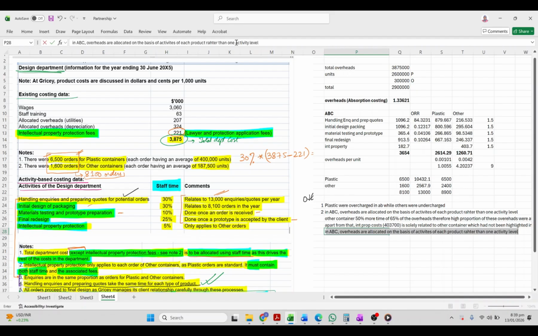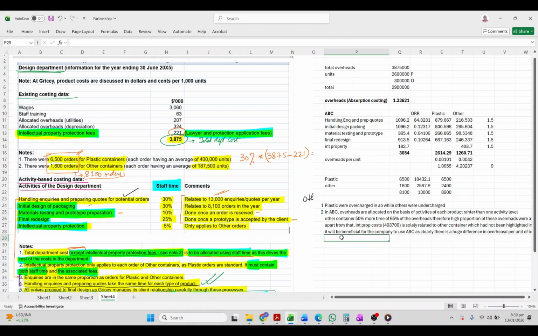And of course, sorry. So yes, of course, it will be beneficial for the company to use ABC, as clearly there is a huge difference in overheads per unit of both products, right?